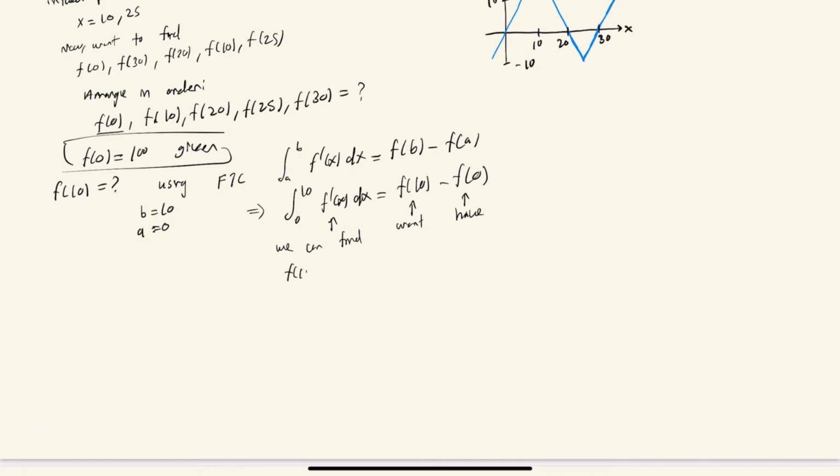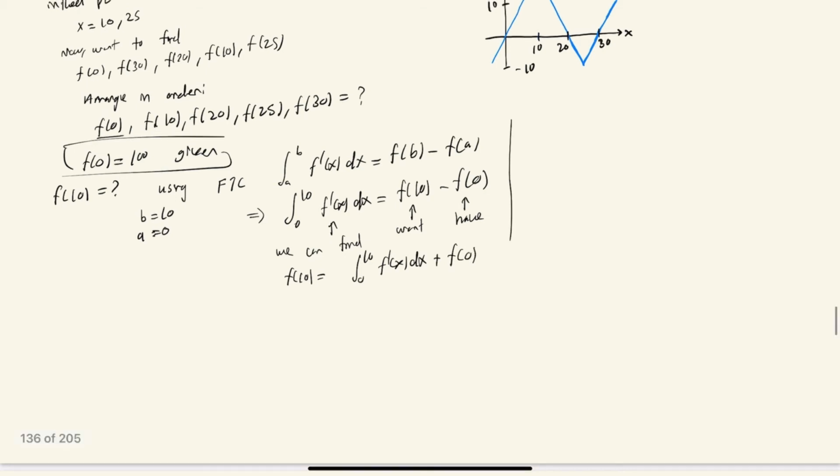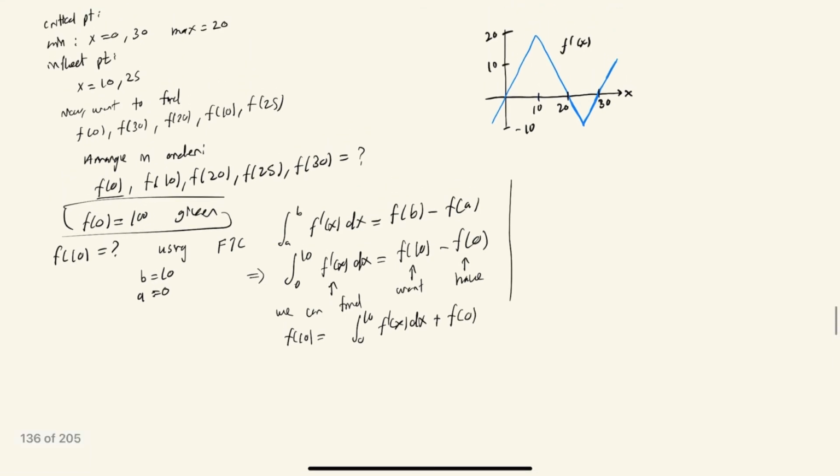So we want f of 10, let's rearrange for f of 10. It's going to be equal to the definite integral from 0 to 10 plus f of 0. Now let's find the definite integral from 0 to 10. Note our interval is from 0 to 10, and we want to find the area shaded in black. So note that this area is a triangle.